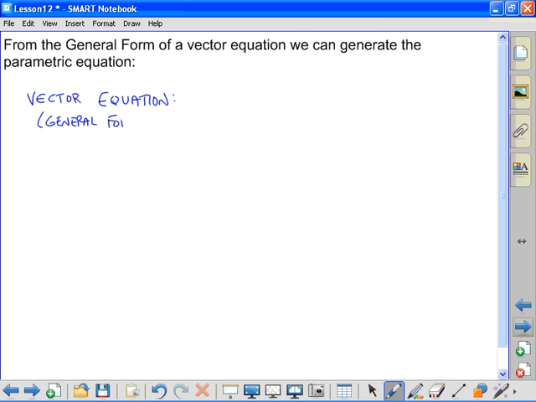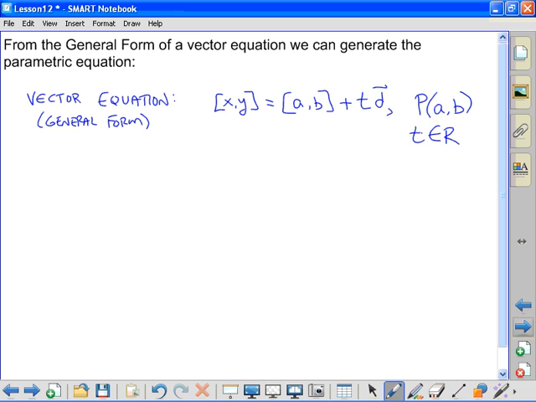You'll find I bounce back and forth with the terminology. So any line is defined by x, y equals my point a, b plus t times the direction vector, where point P is defined as a, b and t is an element of the real numbers.